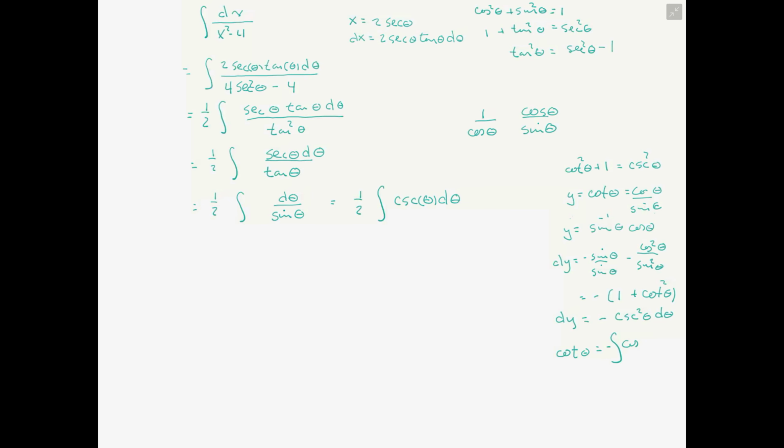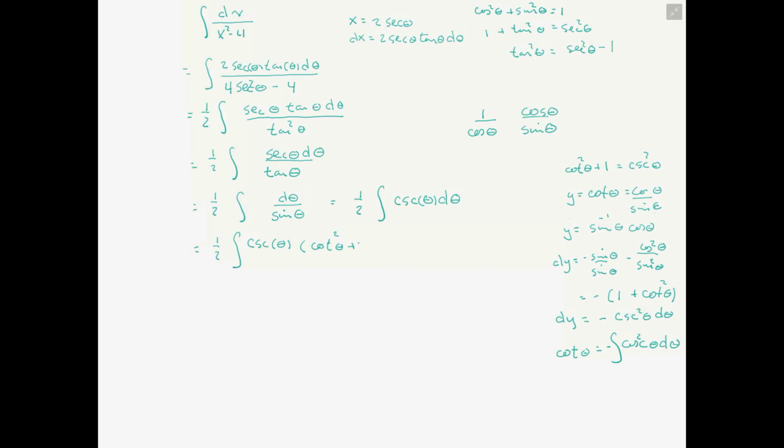But then when we take the integral, that just tells us we got cotangent theta, let's look, yeah, that is cotangent theta equals cosecant squared theta d theta. That's not going to help us any.